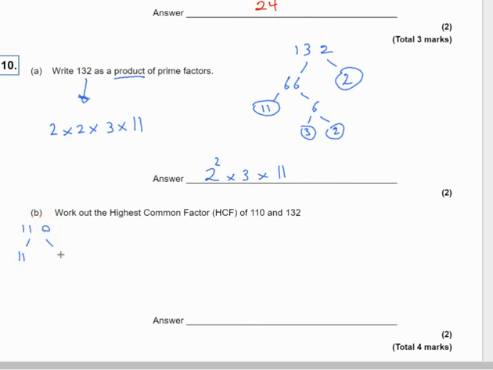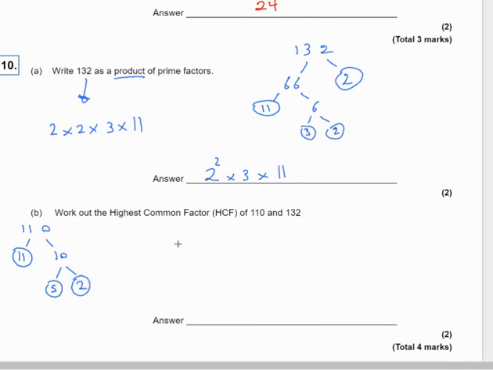So that's 11 and 10. 11 can be circled because it's prime. And then we've got 10, which is 5 multiplied by 2. So again, these are both prime, so we circle those.